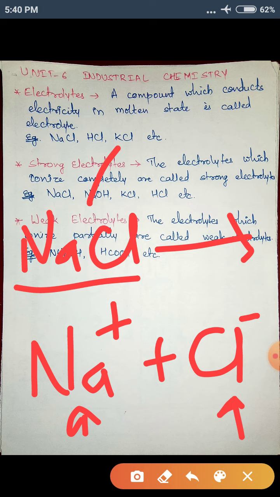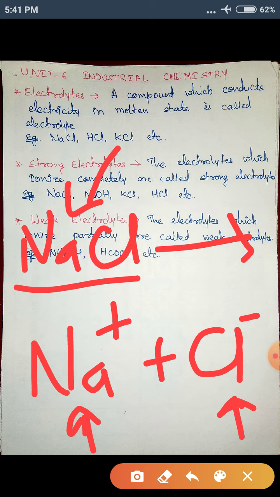Whenever we add an electrolyte in water, ionization takes place and we have positive and negative charges, and these positive and negative charges are responsible for passage of electricity. Remember this: unless we have positive or negative charges, we cannot have electric current flowing inside a liquid.